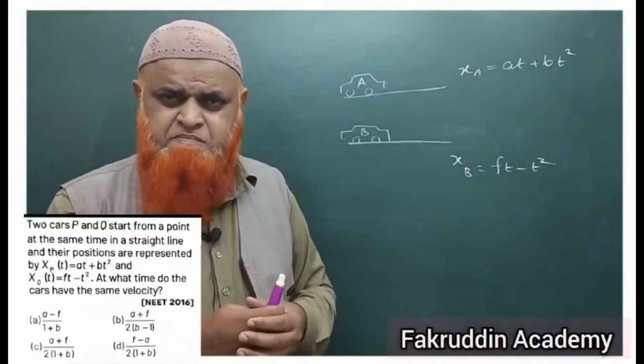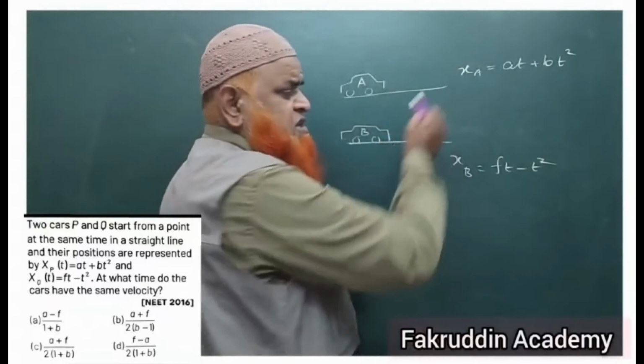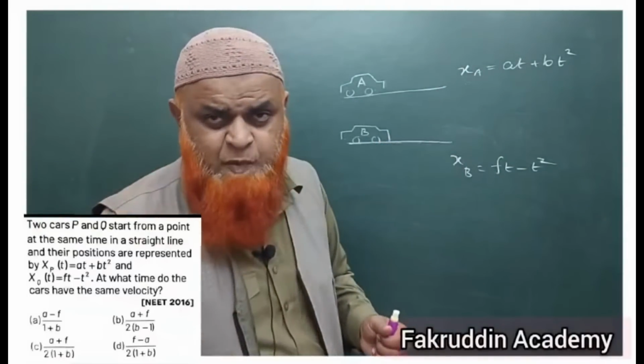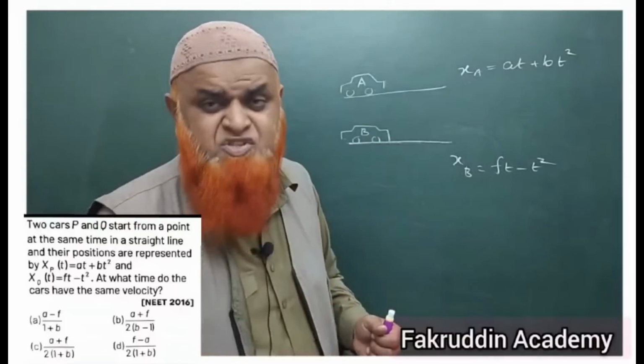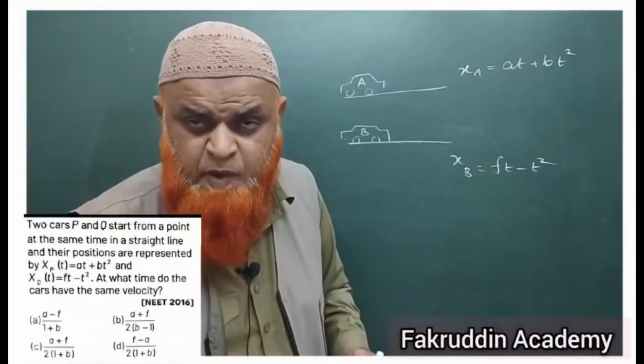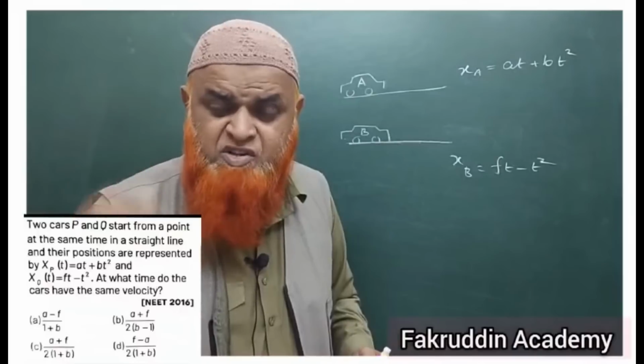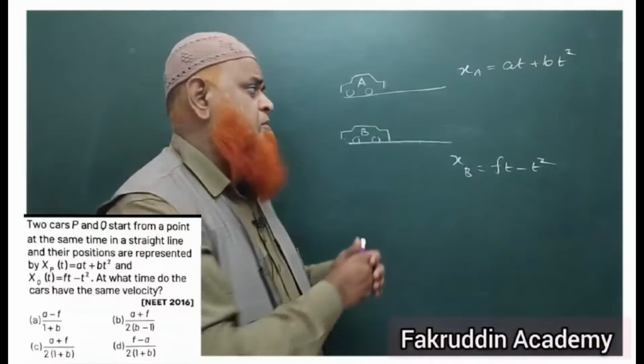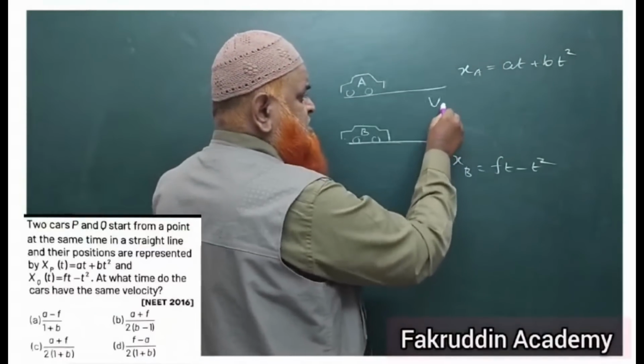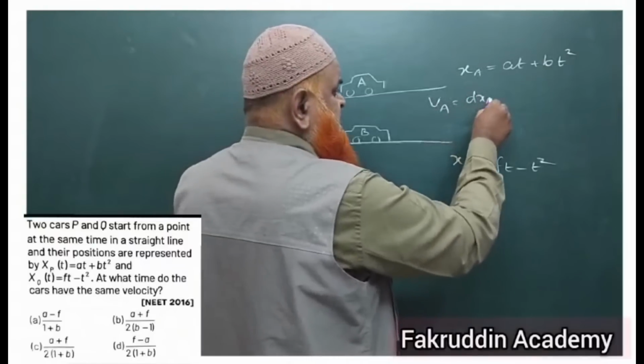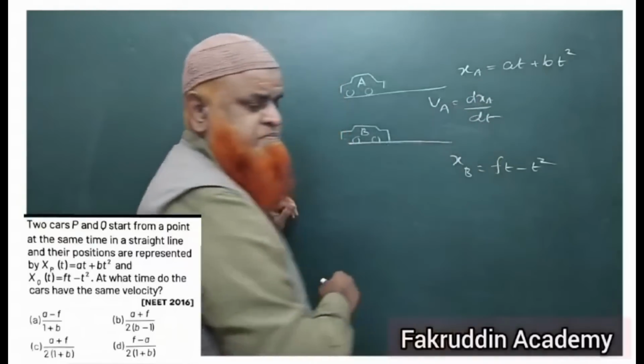It's very simple. First you have to find the velocity of this body. If you are given displacement and asked for velocity, you have to differentiate. Try to understand this problem. So here, velocity of A can be taken as dx_A/dt.